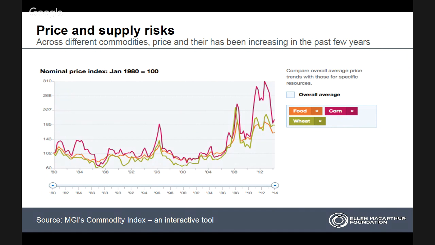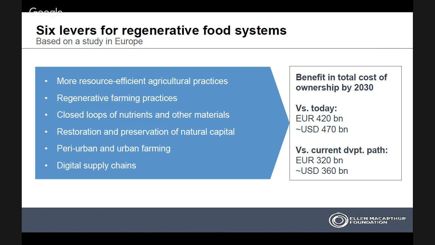In particular, she presented quite a bit of information, but a couple of slides were basically about the rising cost of commodities, which she illustrated with food crops, as well as some of the principles or levers that EMF has identified. I believe this was probably in conjunction with McKinsey as well, as to how to create regenerative food systems.